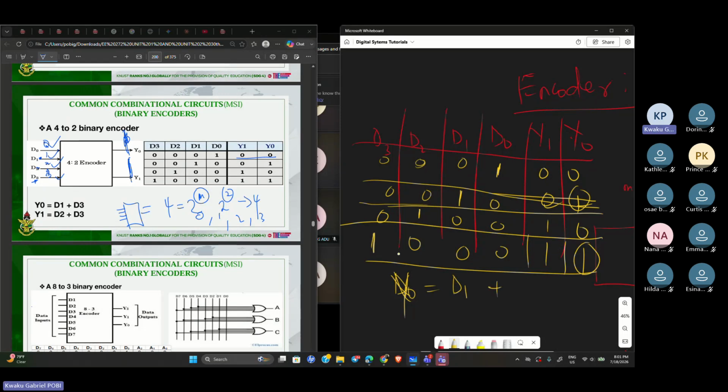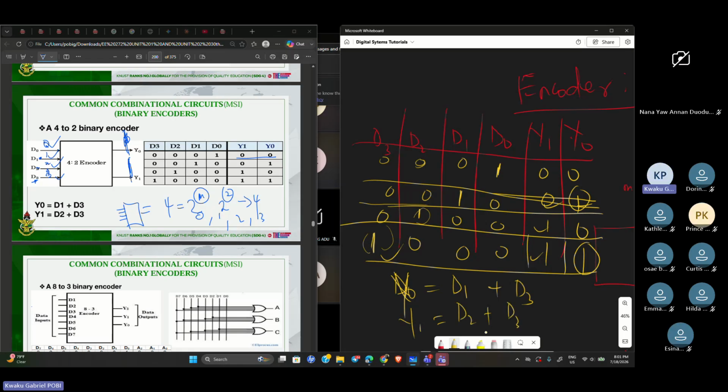Or you can have D3 here, giving you a high at Y0. The rest are not needed. Then if you want Y1, Y1 is a high here and a high here. What is giving you that high? D2 and then D3. So it means you have D2 or D3 as your Y1. So that's the implementation of an encoder.